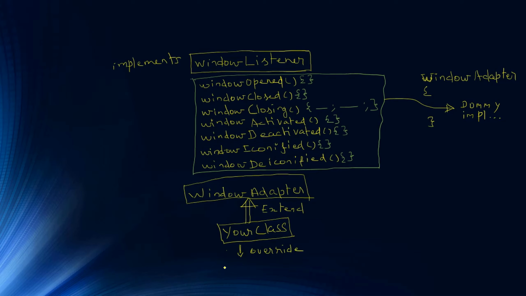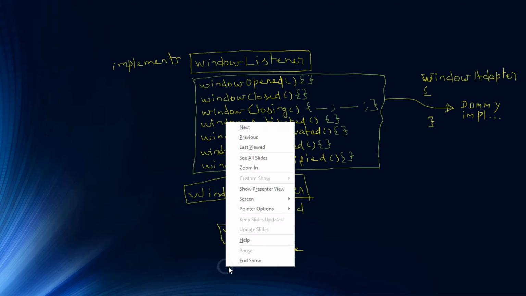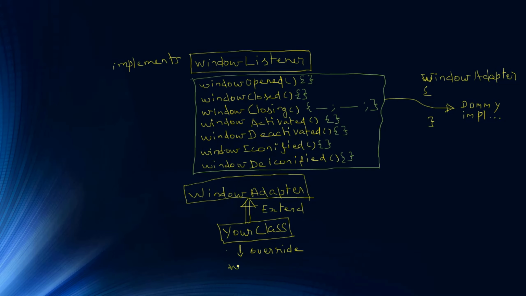only that window closing event method. So that's all we have to do. So here if you see, we no need to provide a dummy implementation. Why? Because it was already implemented in our parent class or in the super class or base class.